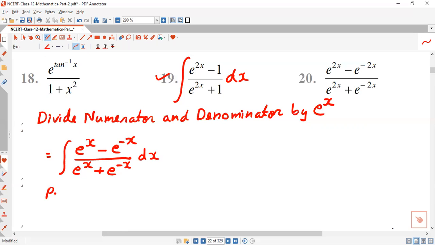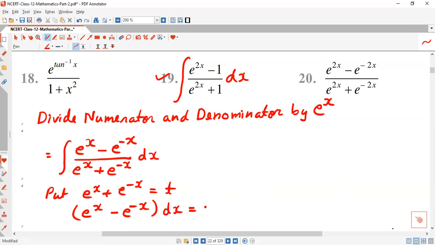Now put e raised to x plus e raised to minus x equal to t. Taking differentiation, e raised to x minus e raised to minus x dx will be equal to dt. So this integration becomes what?